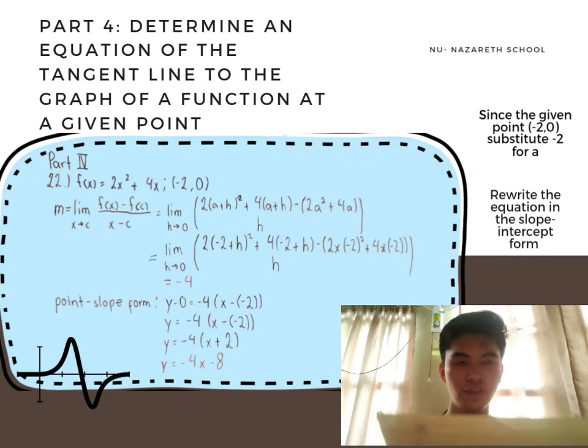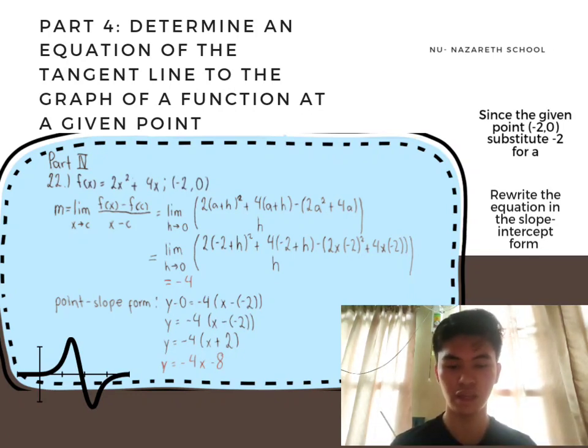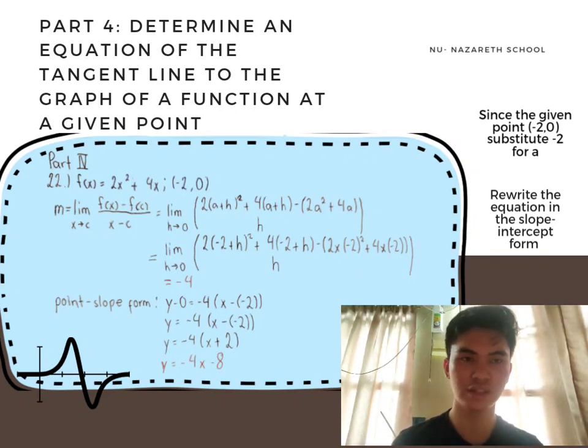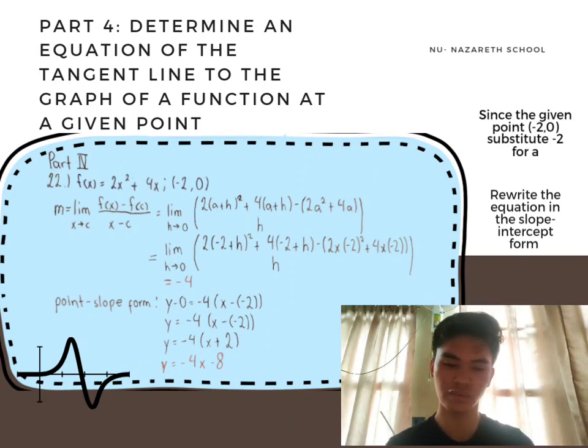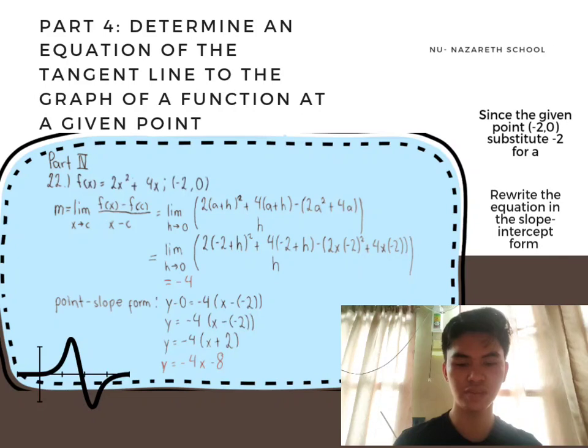My part 4 is 22. My problem is f of x equals 2x squared plus 4x, open parenthesis, negative 2, and 0, close parenthesis. I use m equals limit of x approaches c, f of x minus f of c, over x minus c, and equals limit of h approaches 0.